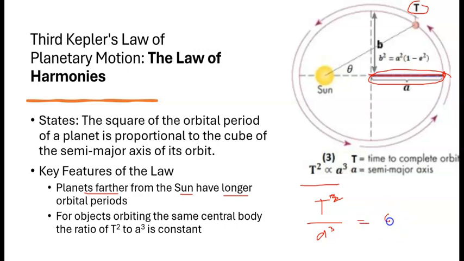If the objects orbit the same central body, meaning the sun, then Mercury's period squared over its semi-major axis cubed is equal to that of Earth and the other planets. So this is the key feature of this law.